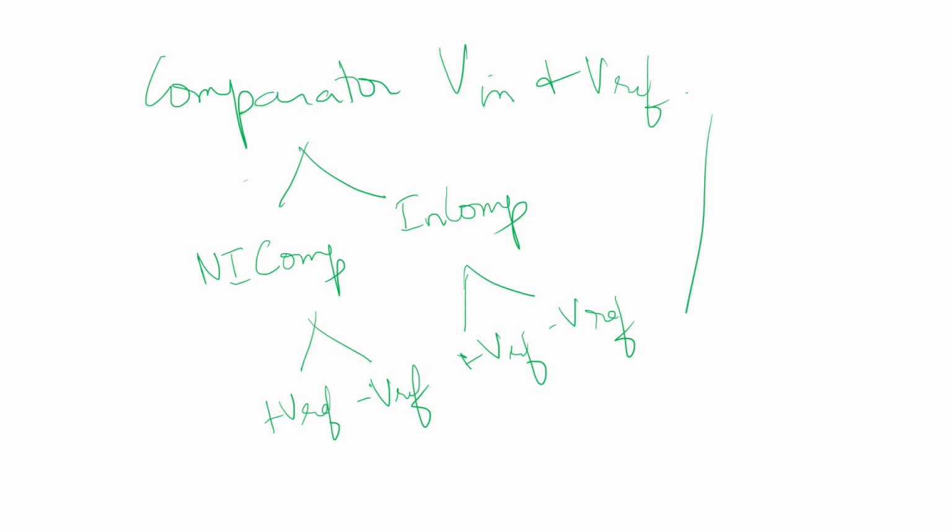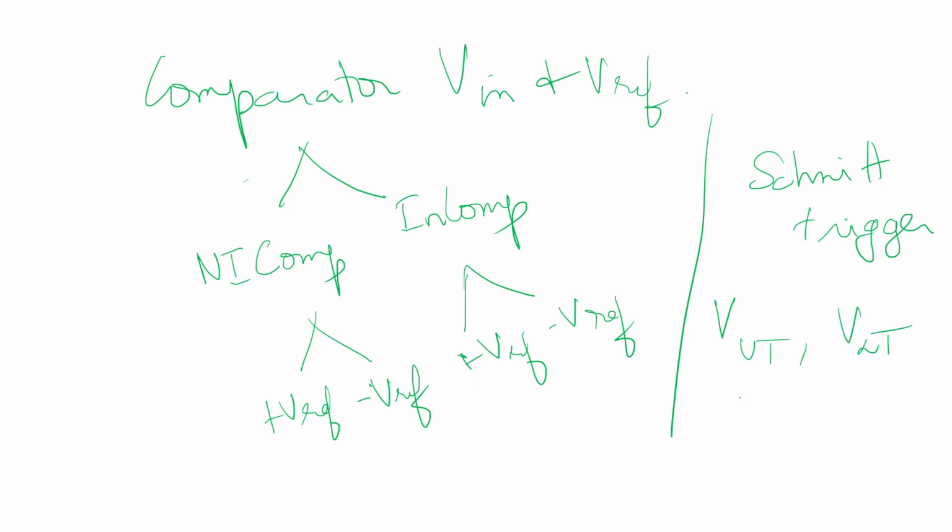Then another circuit which behaves in a closed loop mode triggers symmetrical or unsymmetrical square waveforms from a sinusoidal input. So here the circuit triggers and gives an output between two limits of upper threshold voltage and lower threshold voltage.